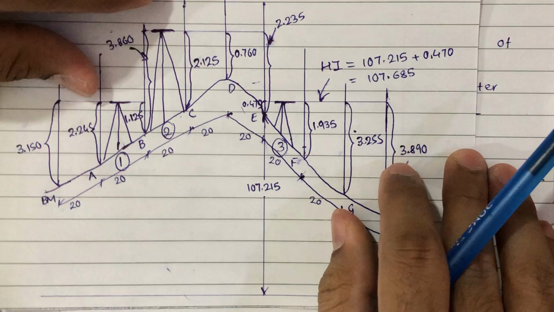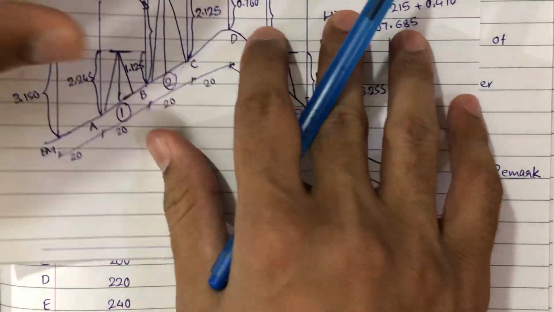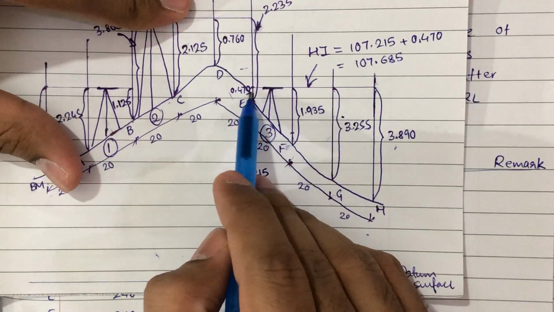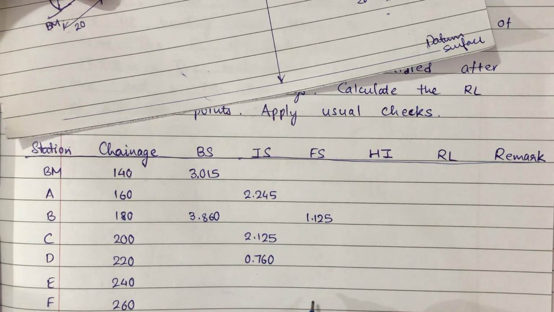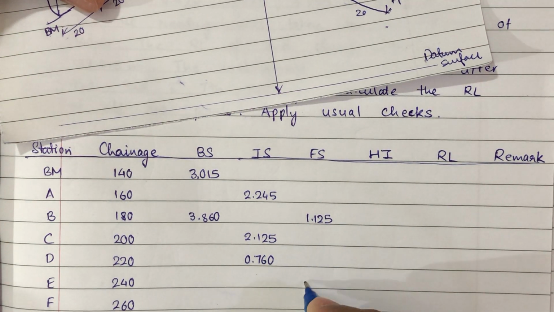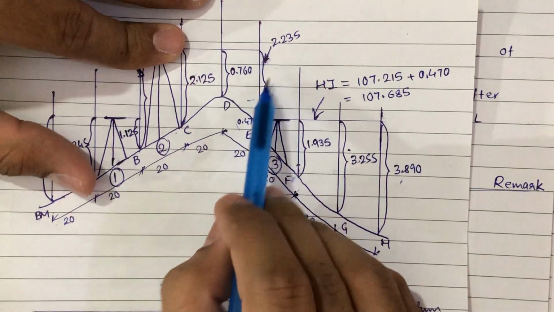So this will come under the foresight column and this is point E. This is 2.235.